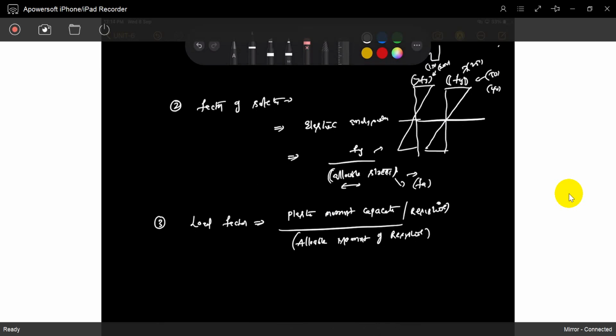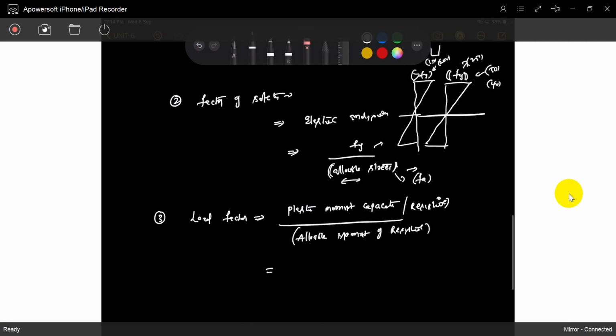What is the plastic moment capacity? The plastic moment is Fy into Zp. Allowable is Fa into Z, the section modulus.